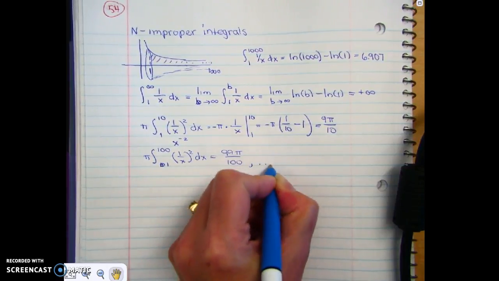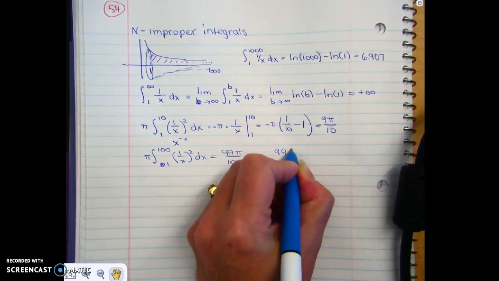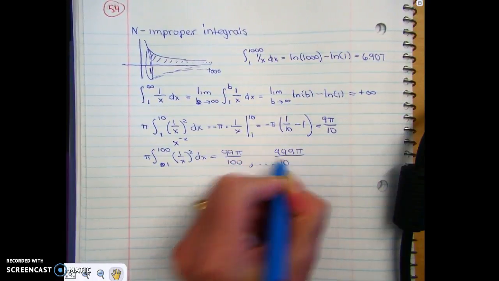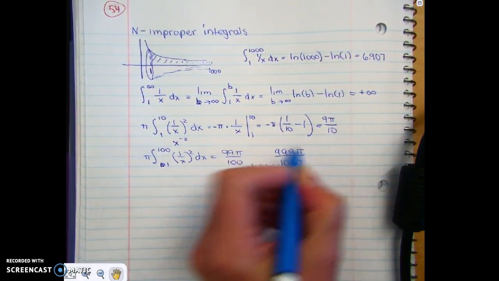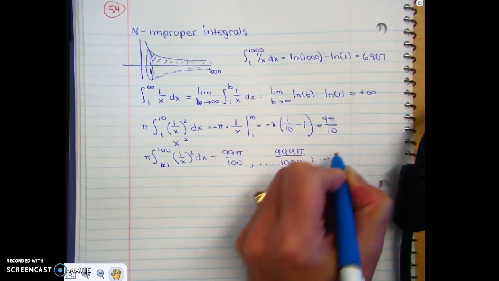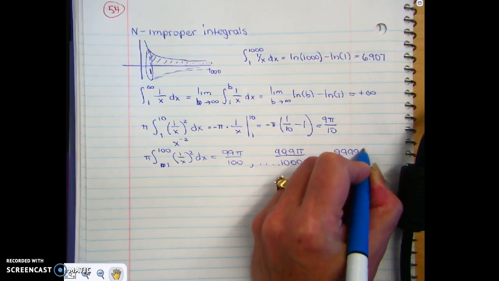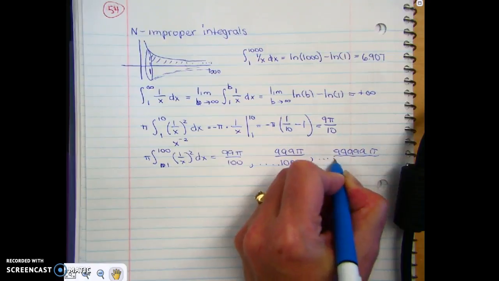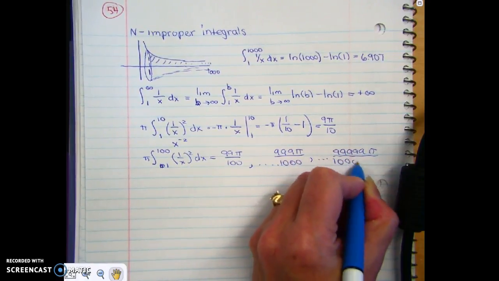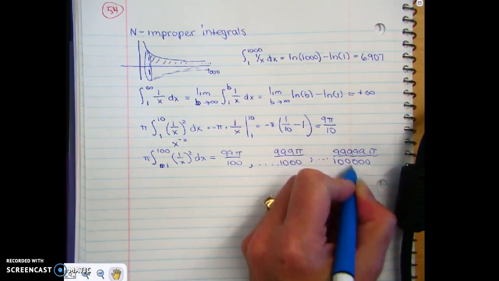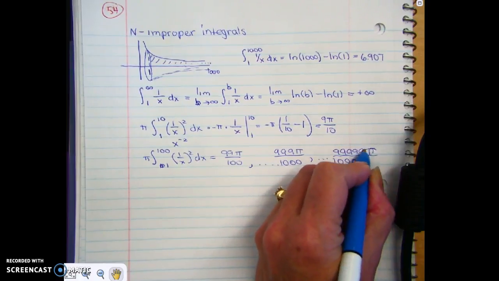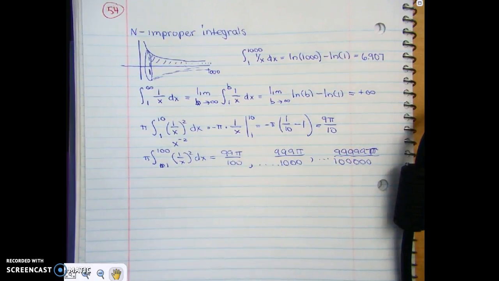And if we just keep going with this, we're going to get 999 pi thousandths, and 99999 pi, and as Alex just observed, that sequence of numbers is getting closer and closer to 1 pi, right? Do you agree with that?